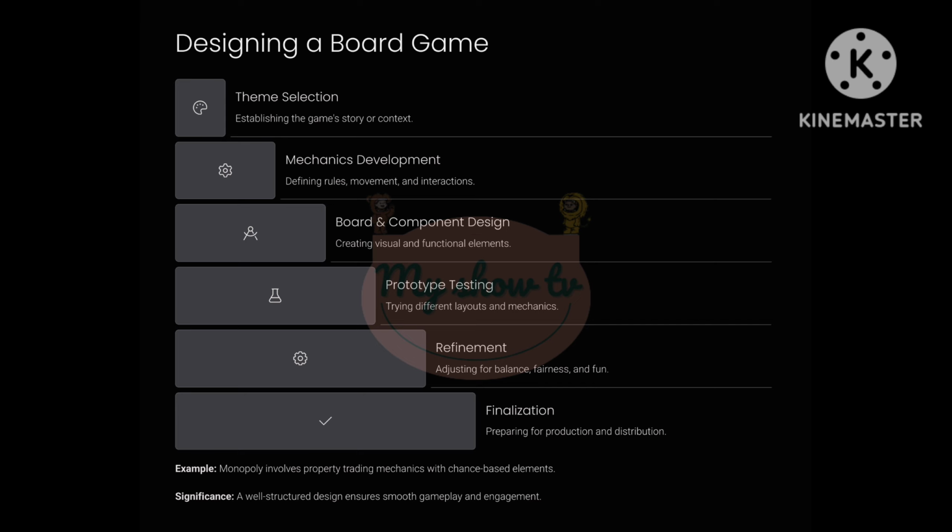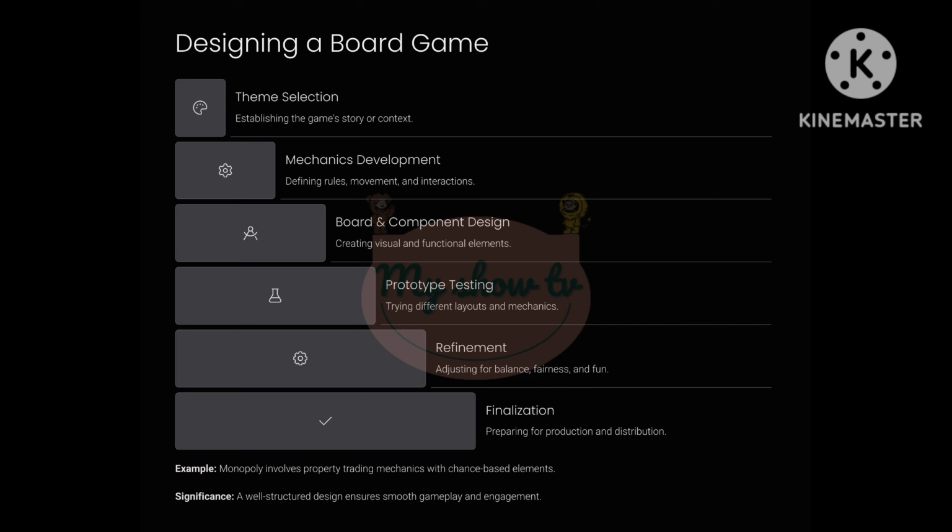This focuses on designing the physical layout, the game board, cards, tokens, and other pieces. Both functionality and aesthetic appeal are critical to enhance the player's experience. Example: Monopoly's board is divided into properties, utility spaces, and chance cards, providing both structure and visual clarity.